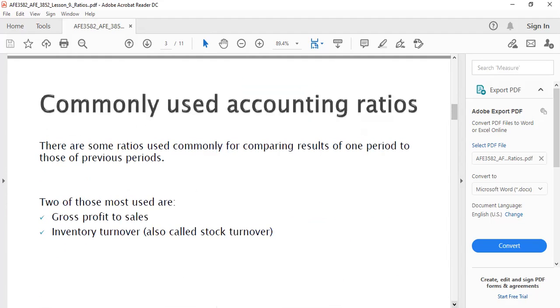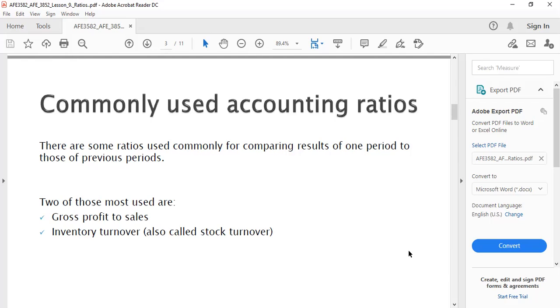So the commonly used accounting ratios. There are some ratios used commonly for comparing results of one period to those of other or previous periods. Two of those are gross profit to sales, which is now the margin, and gross profit to cost of sales, which is the markup. If you're asked to calculate gross profit to sales, then you just know that it's gross profit over sales.